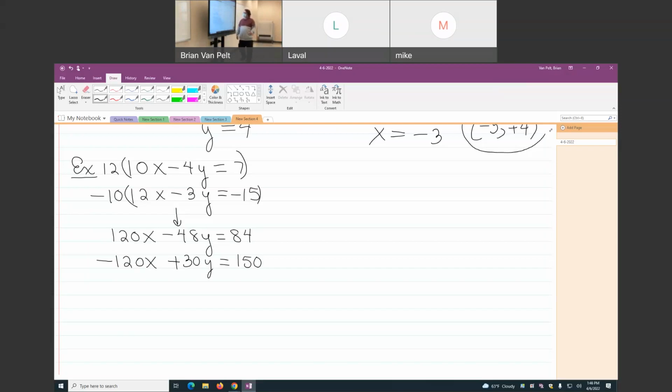When I add them together, the x's are gone. It looks to me like I get negative 18y equals 230. Divide by negative 18. I believe that does come out to y equals negative 13.